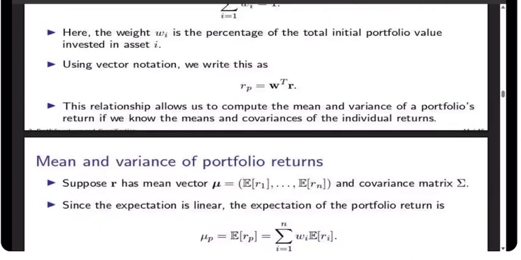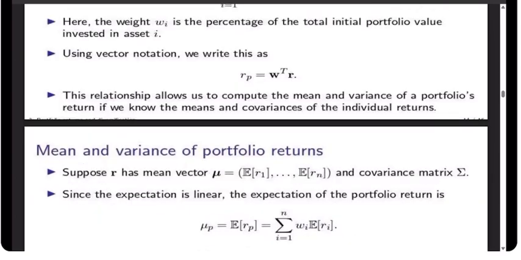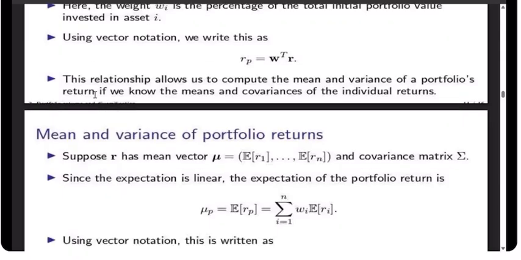Okay, and let me tell you this. I said the relationship allows us to compute the mean and the variance of the portfolio return if we know the mean and the covariances of individual returns. From financial data, you can find the mean of return, and at the same time, you can also find the covariance.